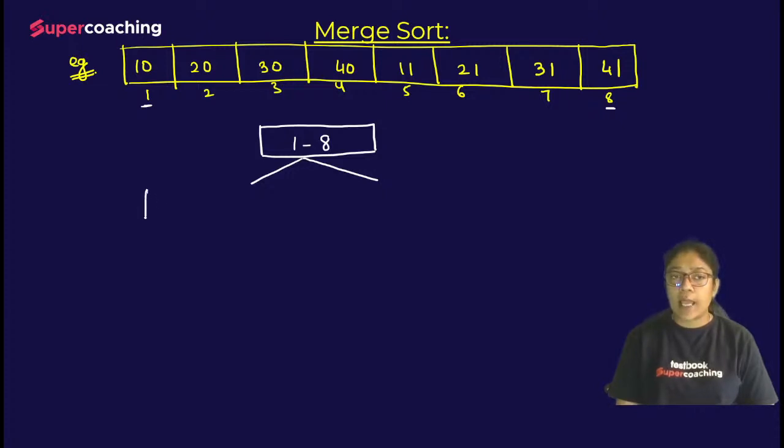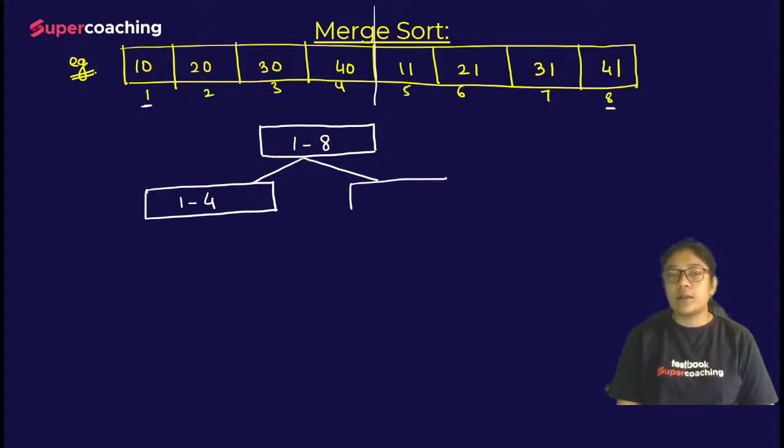So on one side, I'm taking the first half of the elements. So its index is 1 to 4. And on the other side, I'm taking the remaining 4 elements starting from the index 5 to 8. Okay. Now, again, the problem is large. So again, we'll divide it into sub-problems.